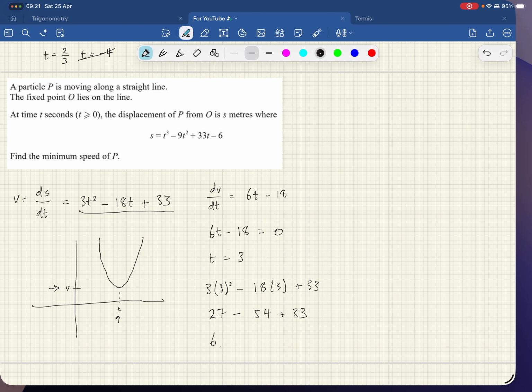And so that is the speed here. This is 3. At time 3, we're going at a velocity of 6. And everywhere else on this curve here, we're going faster than that. That is the minimum speed.